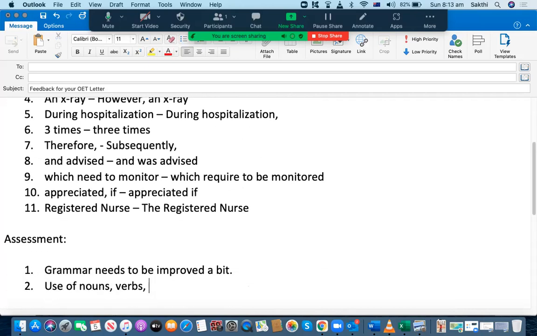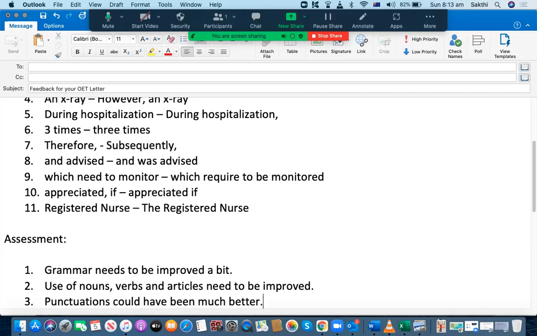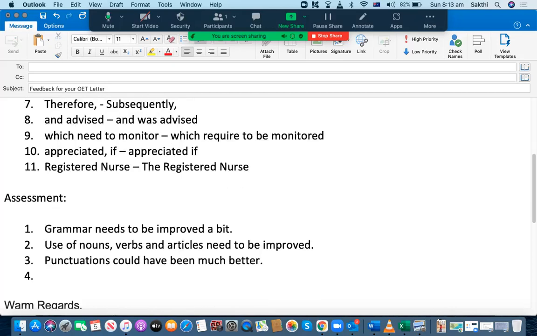Okay, articles need to be improved. Okay, punctuations should have been much better. So you should have used the commas, full stops, and everything in a proper manner.